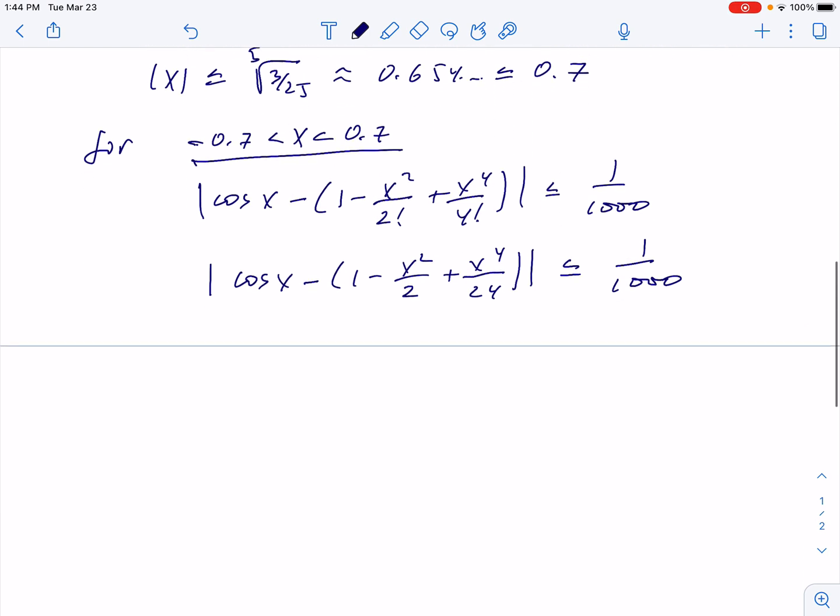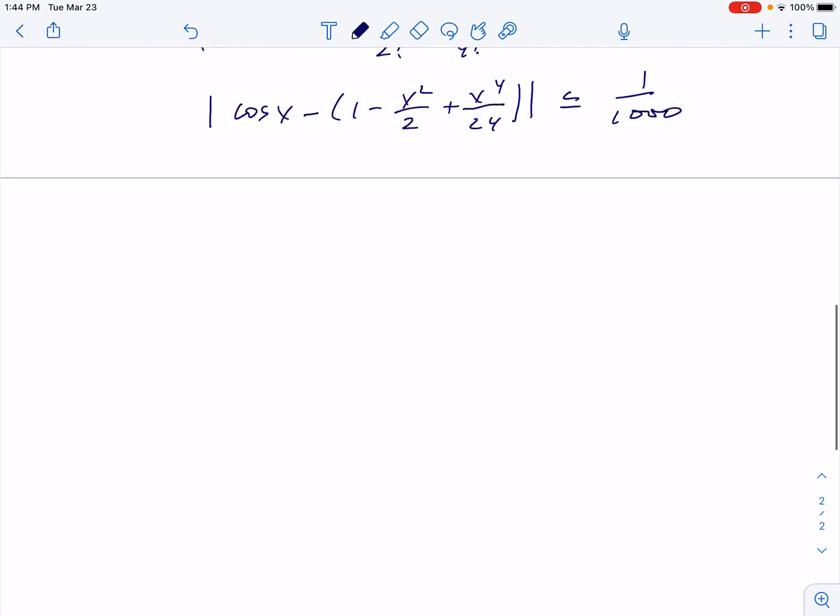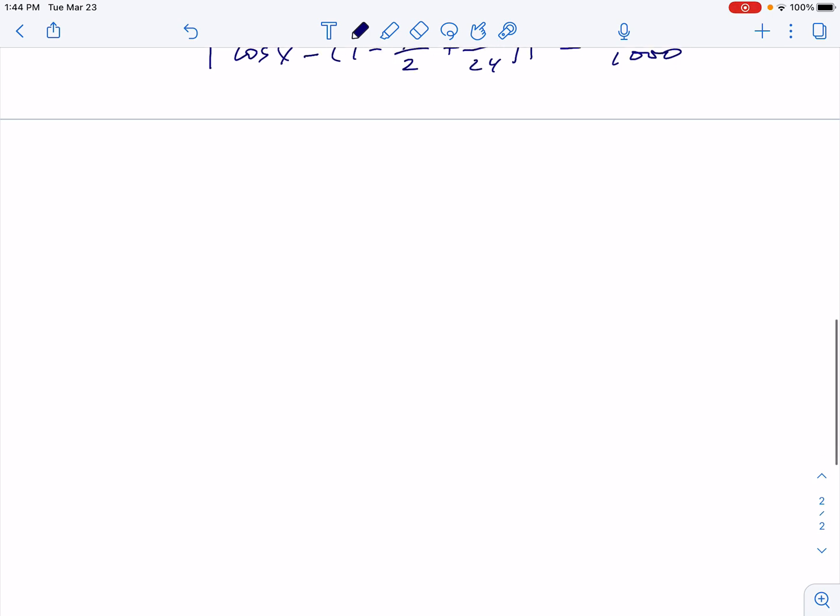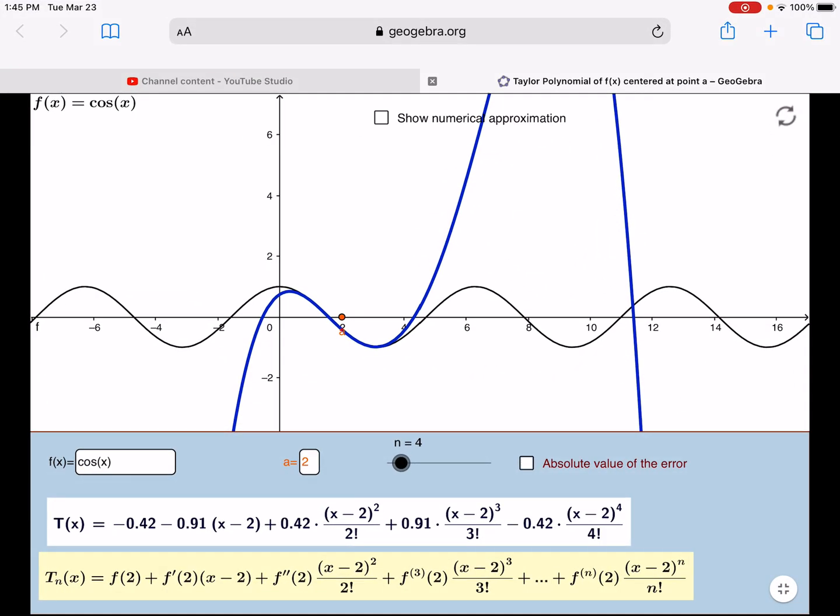Now, I want to show you one applet which you can use to play with Taylor polynomials. And I shall send you the address of this applet separately. So here it is. This applet stays on the internet. You can choose a function. In the box here, it's cosine x.